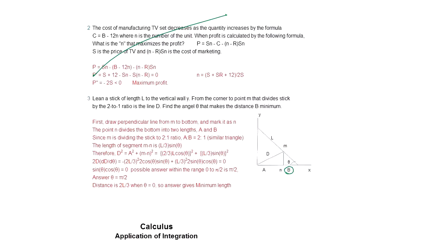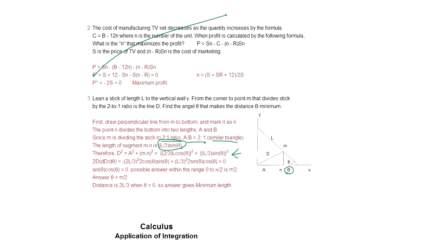Okay. Since it's a 2:1 ratio, A and B are in a 2 to 1 ratio, similar triangles, right? The length of the segment MN is this. Therefore, D squared equals A squared plus (M minus N) squared, and you plug that in.